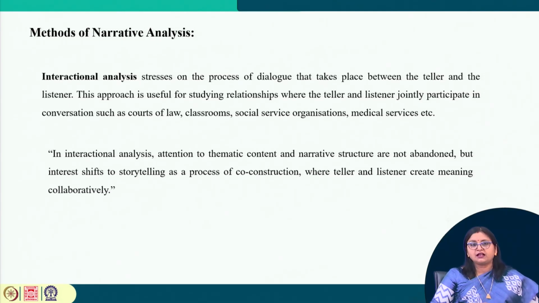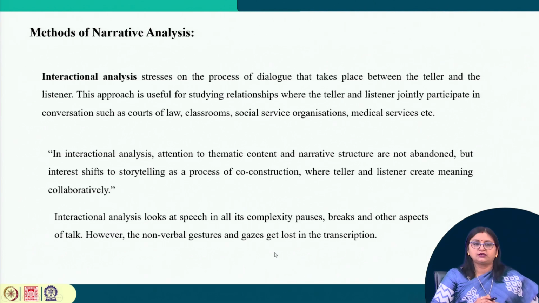In interactional analysis, thematic content and narrative structure are not abandoned, but interest shifts to storytelling as a process of co-construction where the teller and the listener create meaning collaboratively. So, the collaboration of both the people is involved here in interactional analysis.